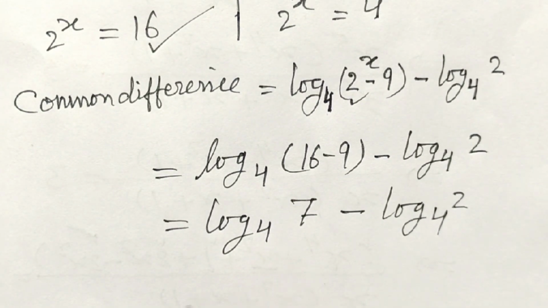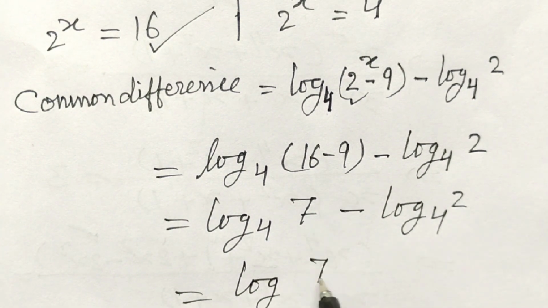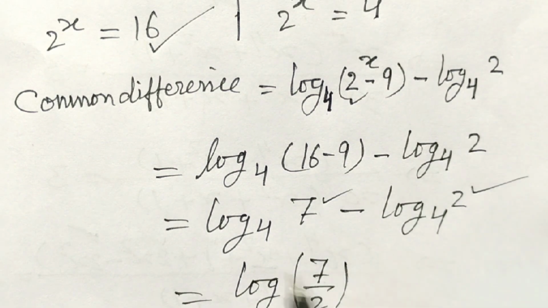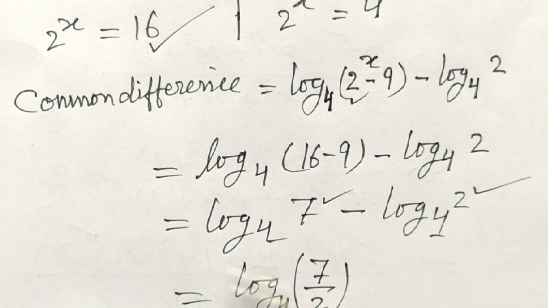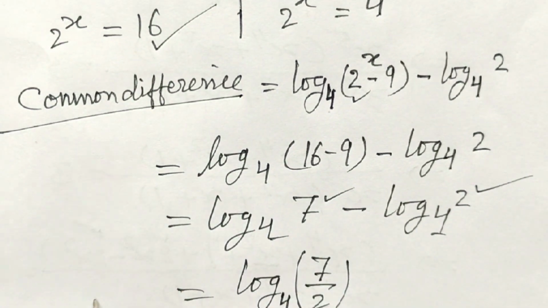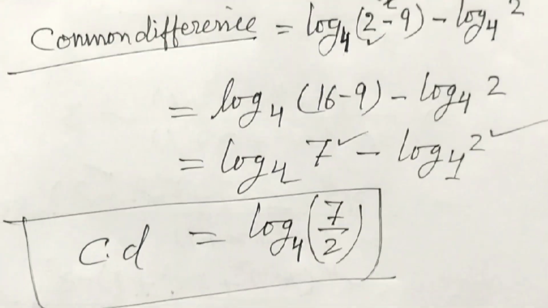So this will be log of 7 over 2 to the base 4, and the common difference will be this.